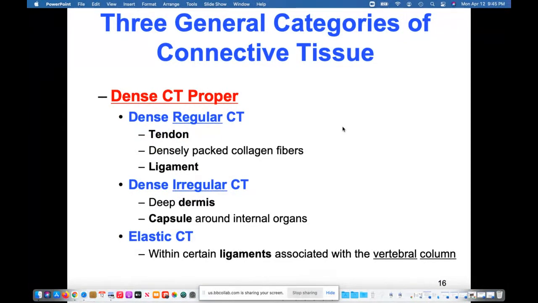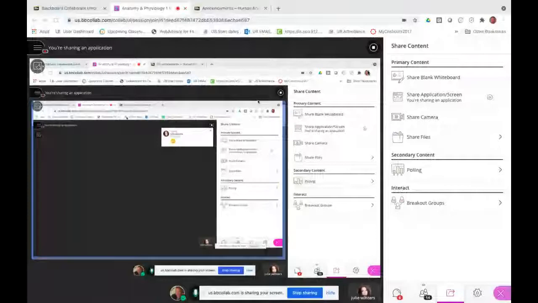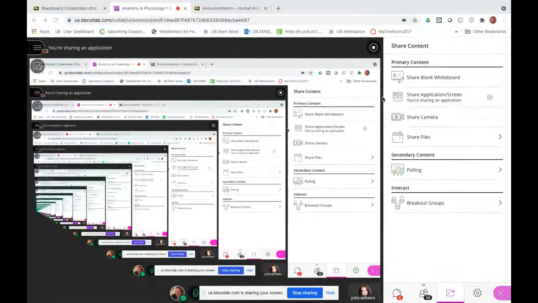No. Negative. Okay. It says we're connected at my end. Can you see my whiteboard? Yes. Okay, so you can see my whiteboard.